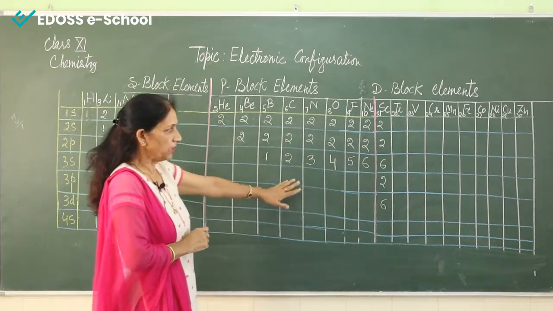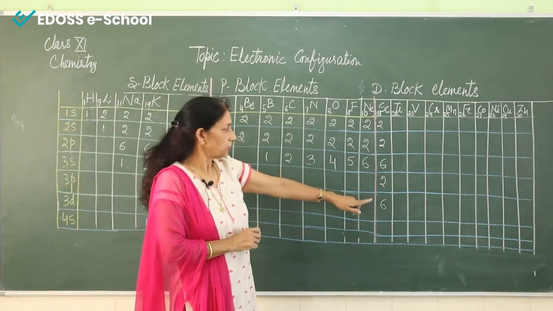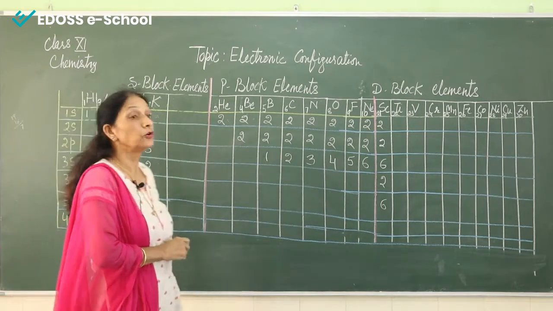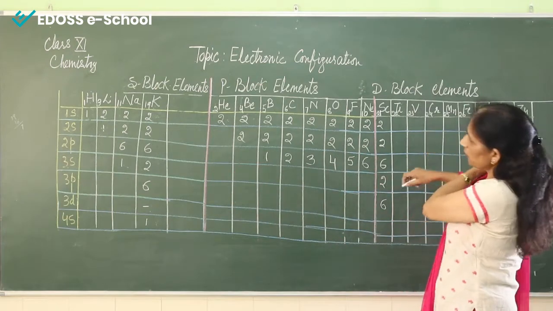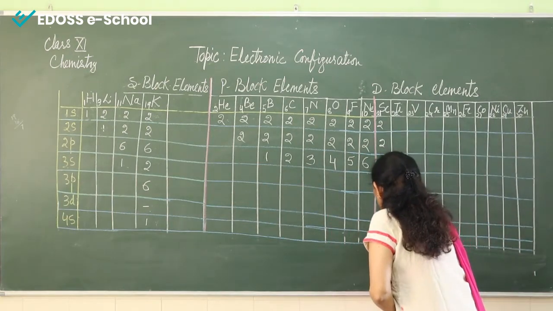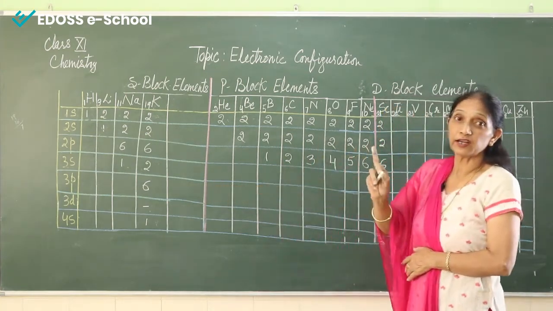Now how many electrons are left? You can see 3 electrons are left. So now what will happen? 4s can hold 2 electrons, so 2 electrons will move in 4s, and D will have just 1 electron.